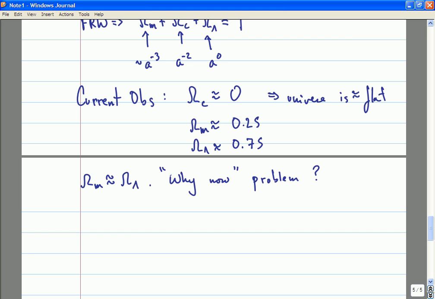Yes? Is the coincidence that this looks the same as the dispersion of matter in the universe, 25% matter, 75% dark energy? No, this is precisely the statement. This is the statement that the current dynamics of the universe appears to be governed by 25% matter and 75% dark energy.